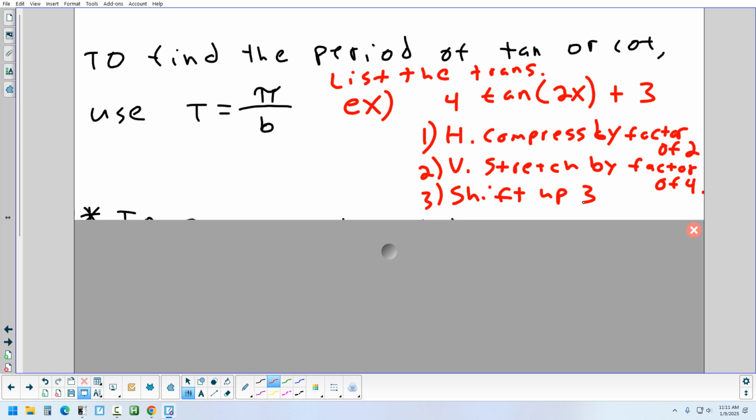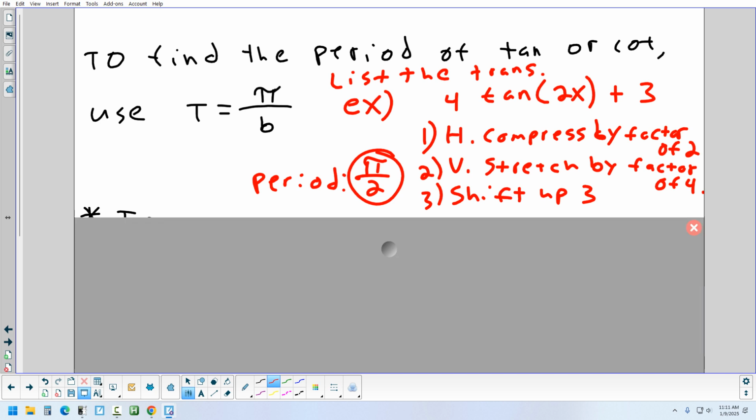And what if I also, just off to the side, what is the period? Pi over what? 2. Pi over 2. Because the formula you use for tangent is pi divided by b, not 2 pi divided by b. That's for sine, cosine, all the other ones. Okay, any question on that?